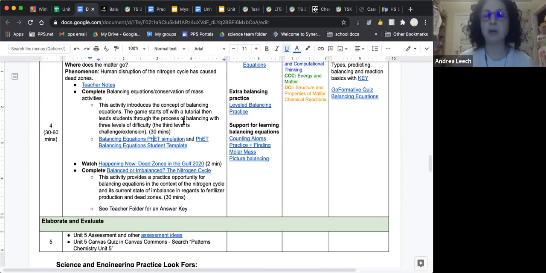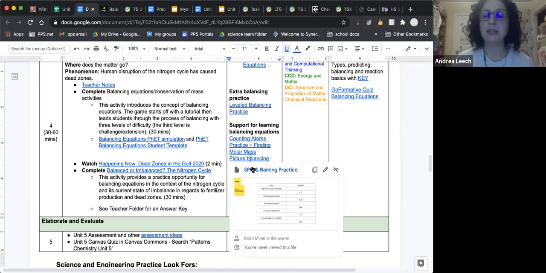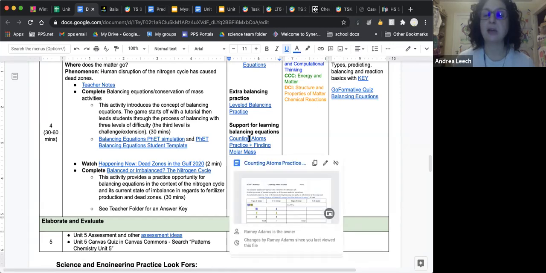And then there's a small group that needs some additional help. And that's why I recommend either this Jamboard one that goes through picture balancing, and this counting atoms one, which is the more traditional approach using a table in order to balance equations.